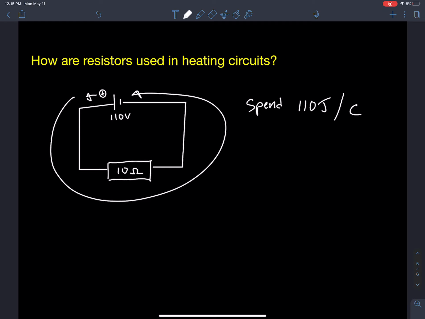So for every coulomb of charge that flows through that circuit, 110 joules of energy has to be spent. And if I use an appropriate amount of resistance, a lot more resistance here, all the energy is spent here.